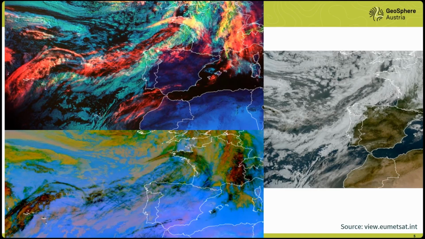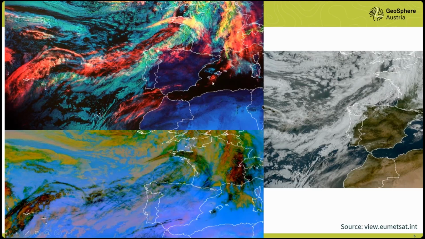Another benefit of the Cloud Type RGB is you can see, if you take a look at the clouds west of Mallorca, you can see those little cloud features over here. And in the true color RGB, it's only two clouds. You cannot really say, what is it? Is it water clouds? Is it ice clouds? And in the dust RGB, you can at least say, okay, the southern one is thin cirrus cloud.